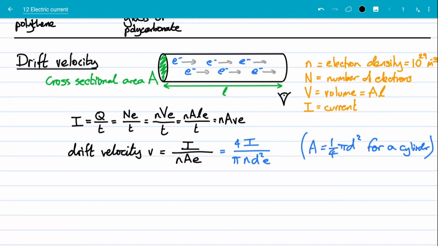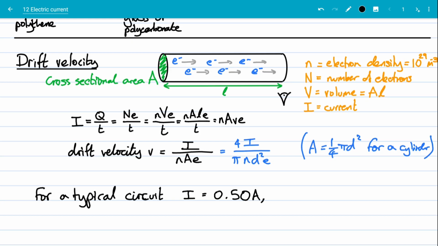We could plug some numbers in. So for a typical circuit, we might have a current in the order of less than an amp. Let's be generous and say 0.5 amperes.